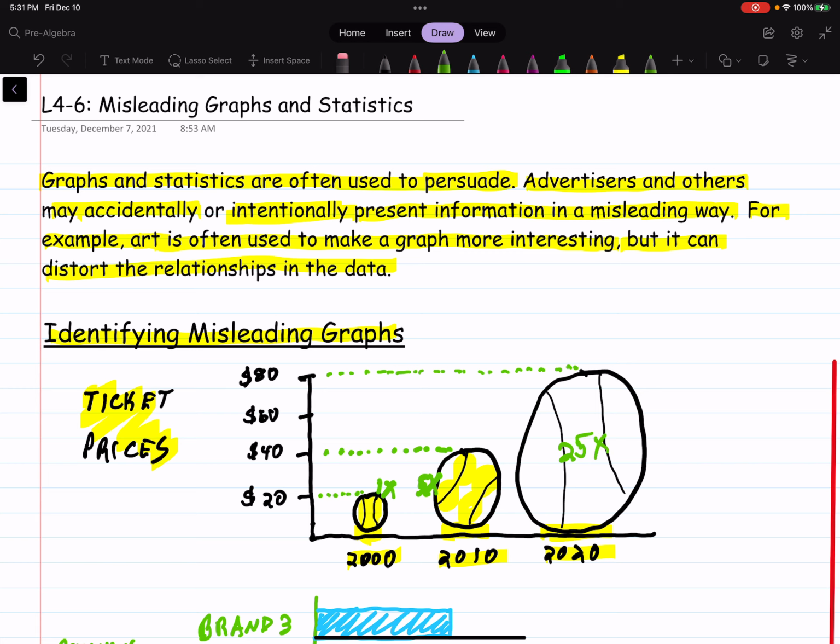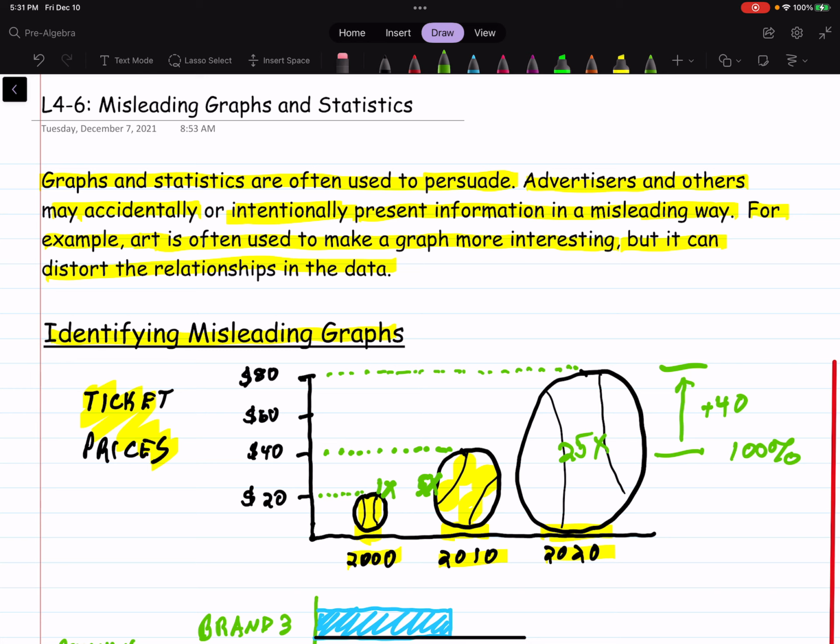But what we're really looking at is a $40 increase to $80. So we're really looking at plus 40. So we're looking at maybe a 100% increase, because we went from 40 to 80.